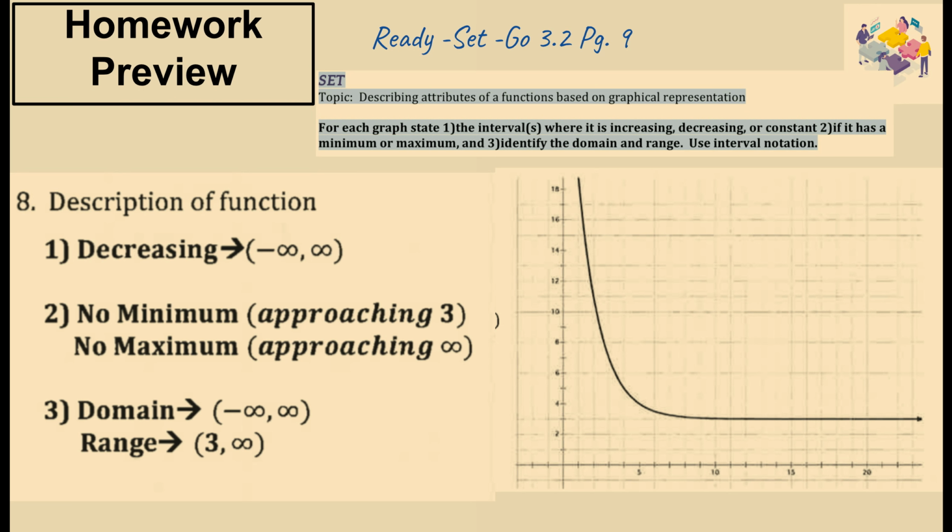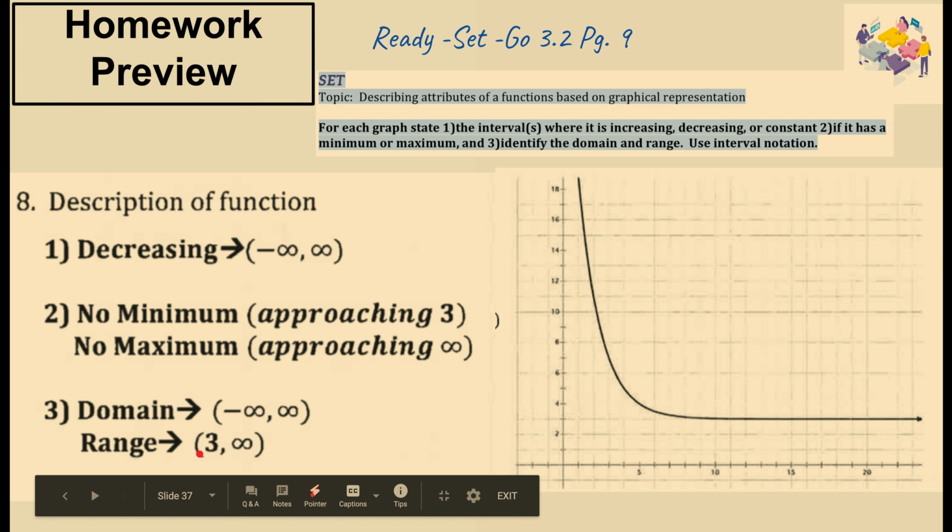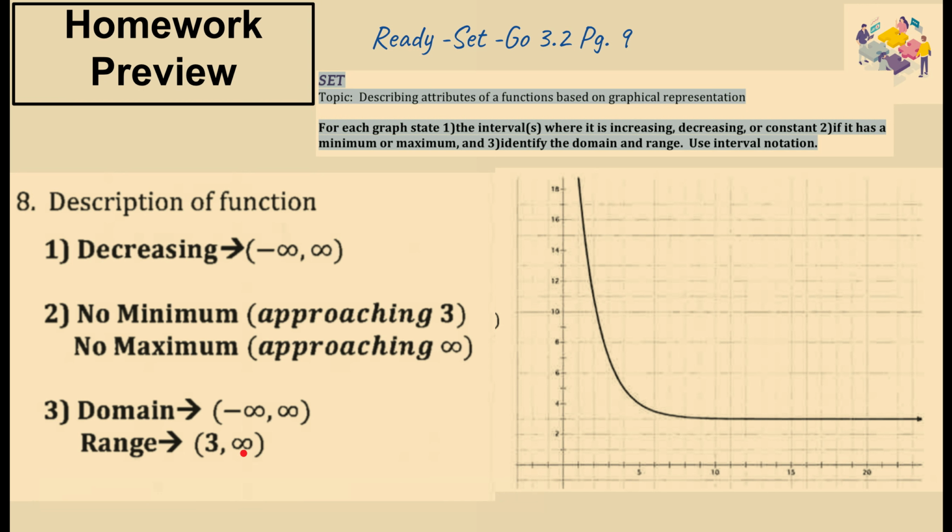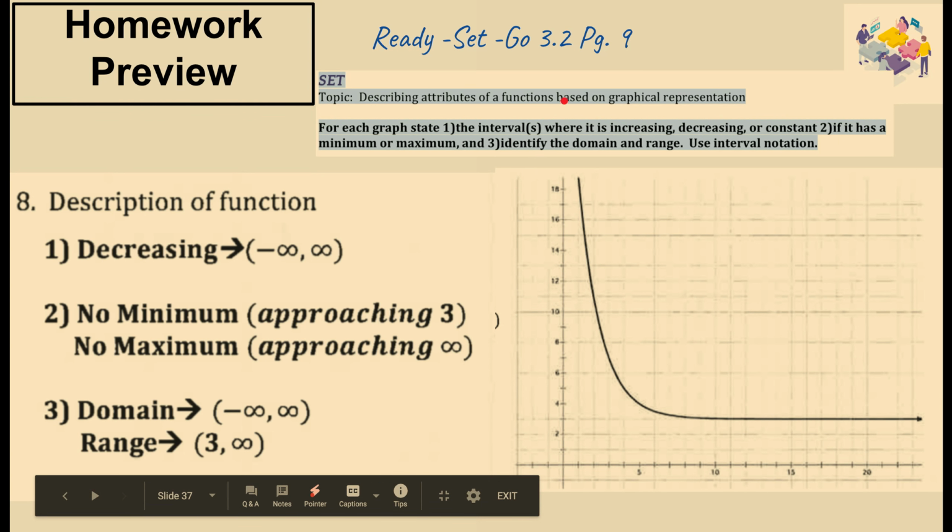And then finally, our domain and range. Well, again, because we're not including 3 in our range, we can say it is the lowest value, but then the highest y value is infinity, because remember it came from up there somewhere.